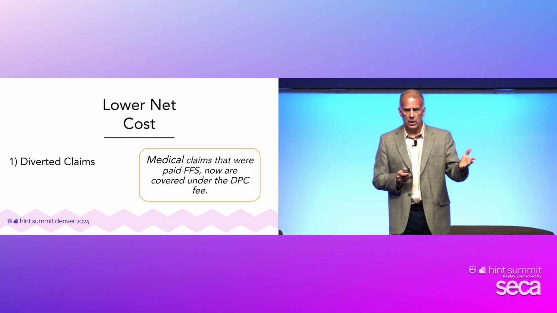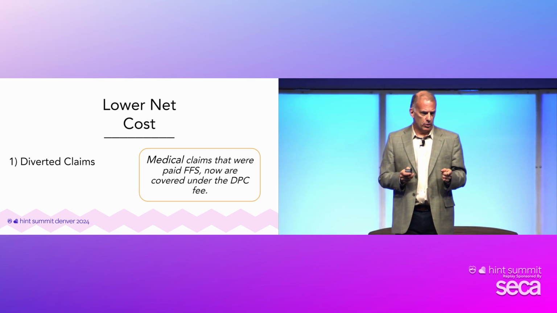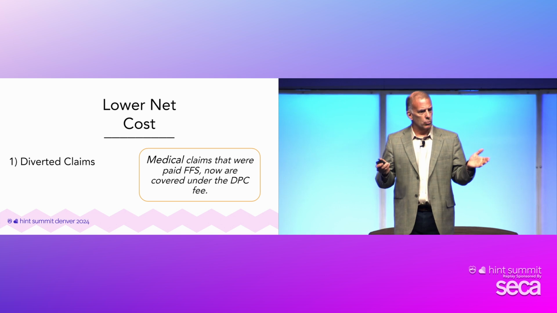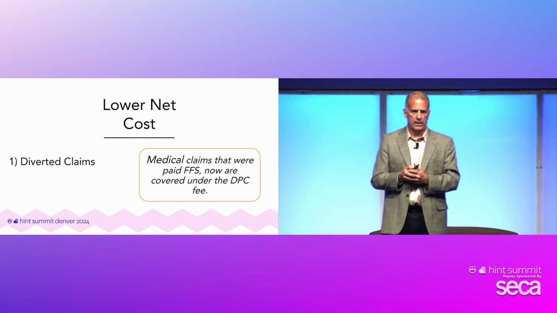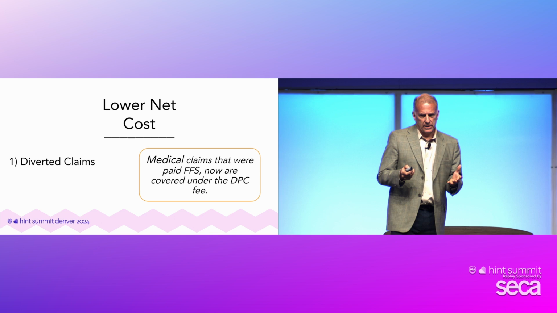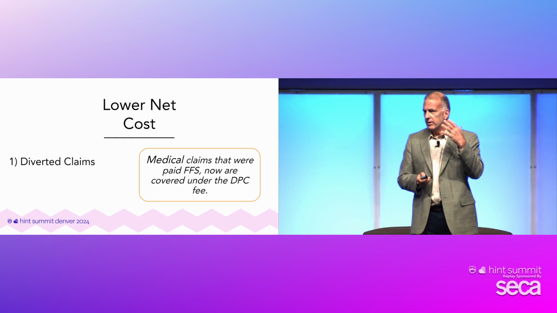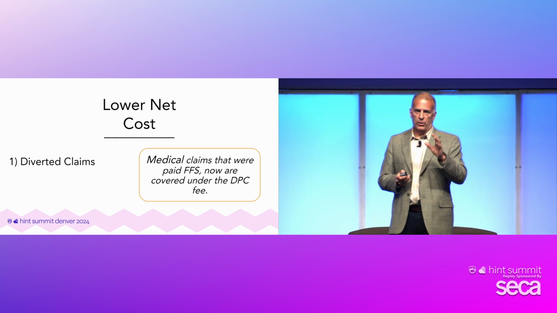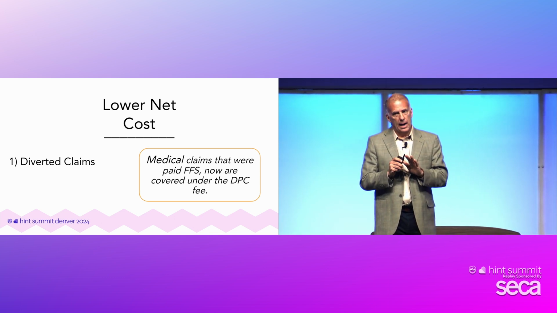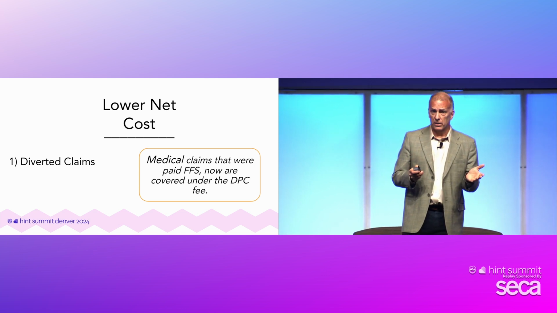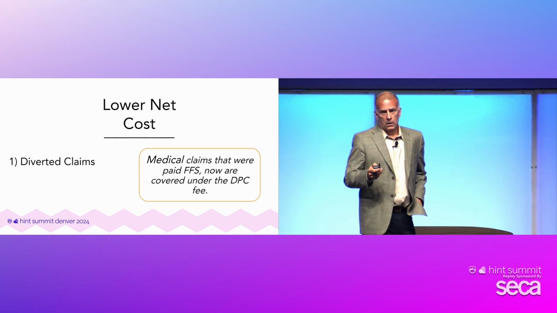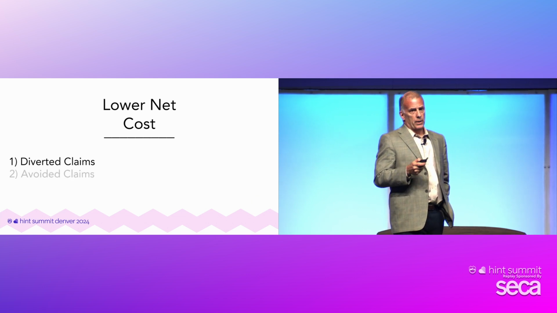Now I ask you, if that were the DPC value proposition, would anybody in their right mind pay $95 or $85 or whatever the fee is, okay? Obviously not. And so this is one of the simplest ones that we're going to talk about, and I suspect that there are employers out there that don't even understand this one, and there are probably benefits consultants that maybe don't either. So simple to us, but maybe not so simple to others.